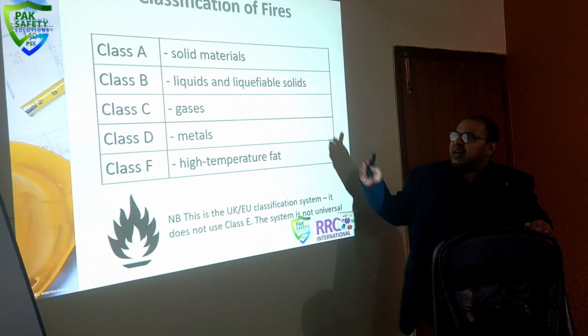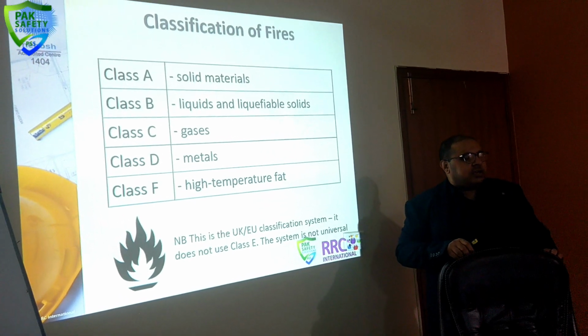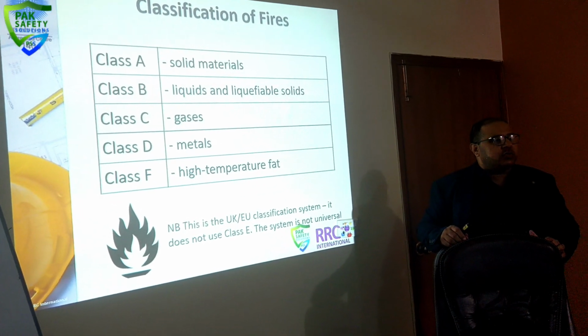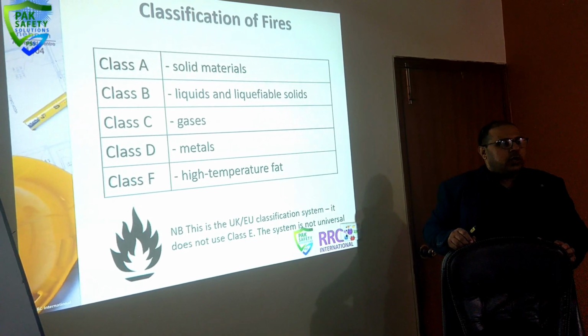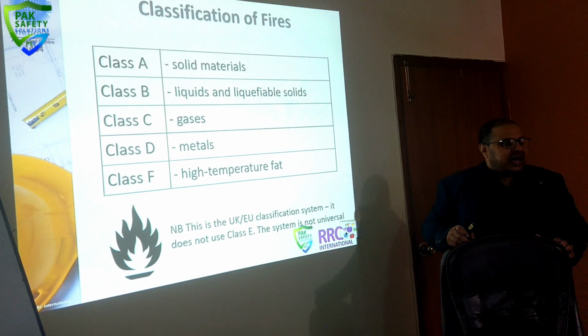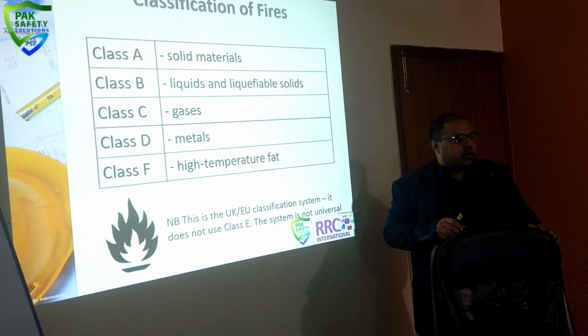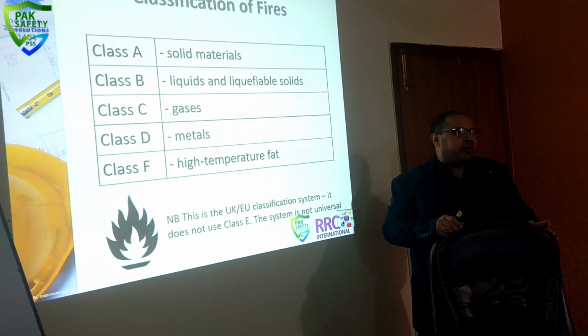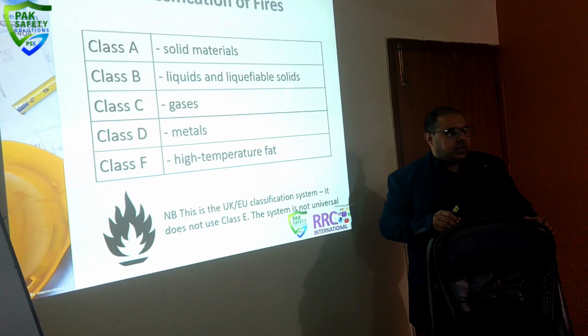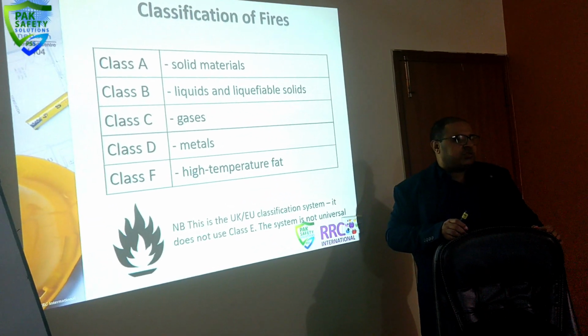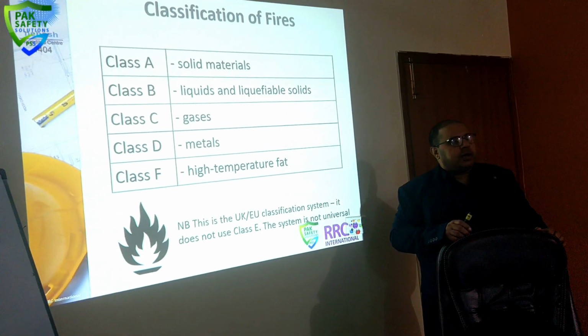When we talk about classification, class A is solid material fire, which includes wood, fabrics, clothes, etc. Class B is the second classification. It's all about liquids and liquefiable solids, for example petrol, thinner, diesel, etc. Class C is the gases classification, which includes natural gas like methane and LPG.